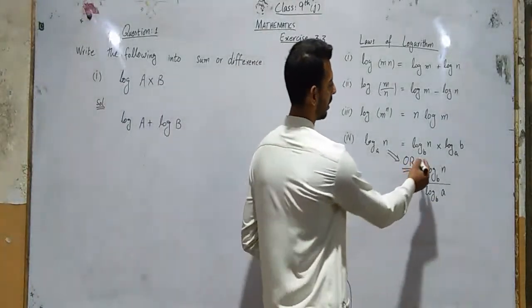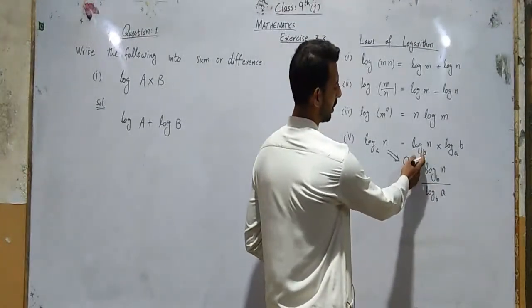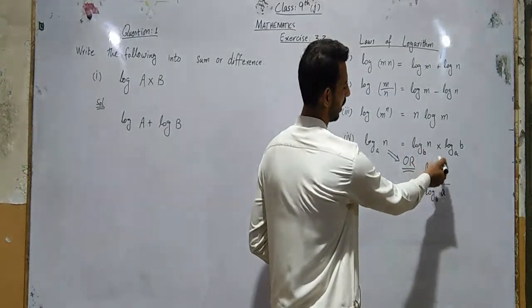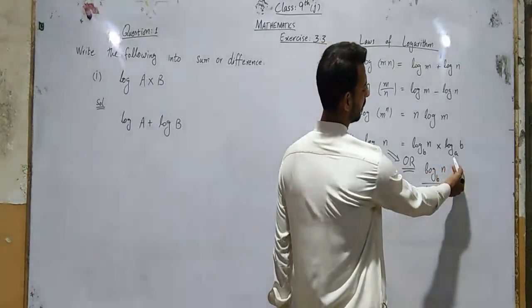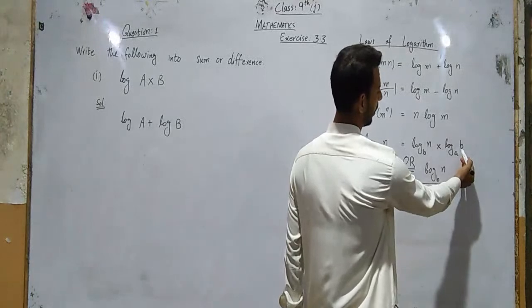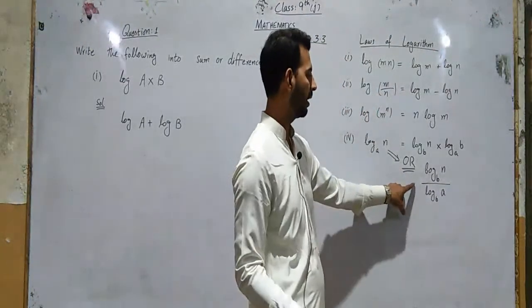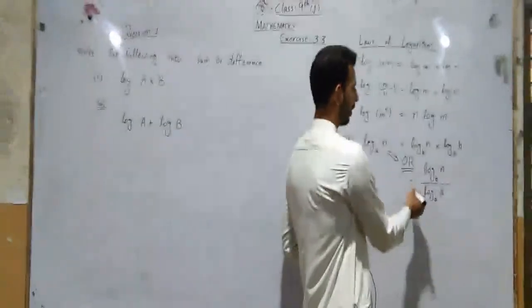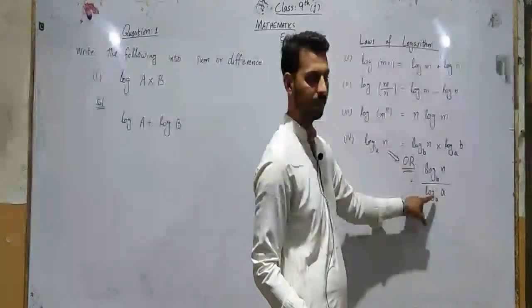Here the base is b and here is n. Here the base is a and here is b, but when we write it in division form, the base is the same.